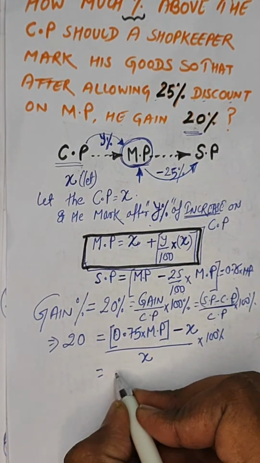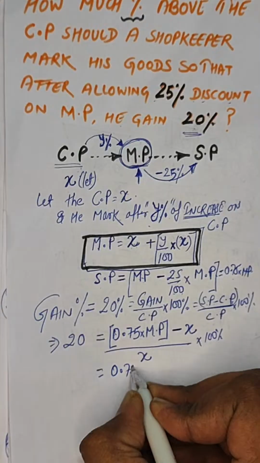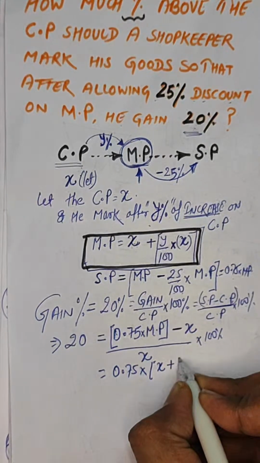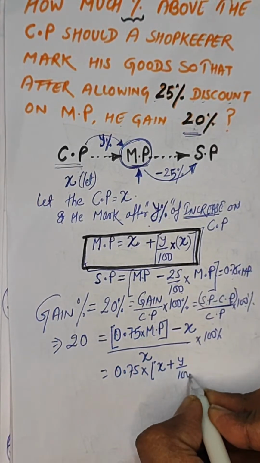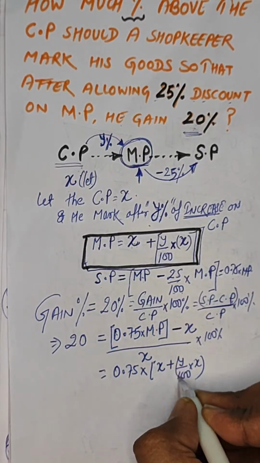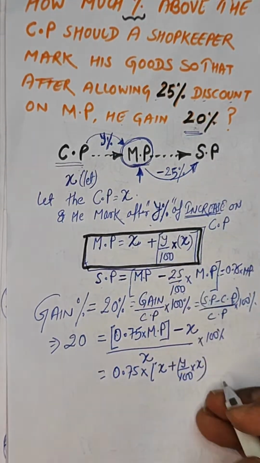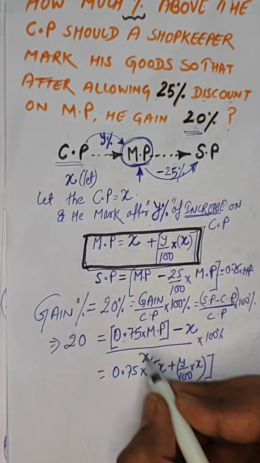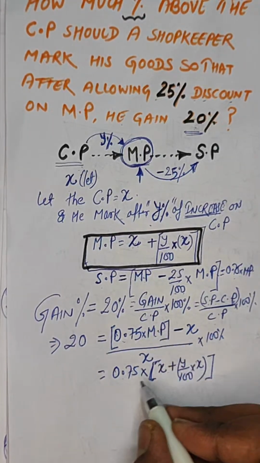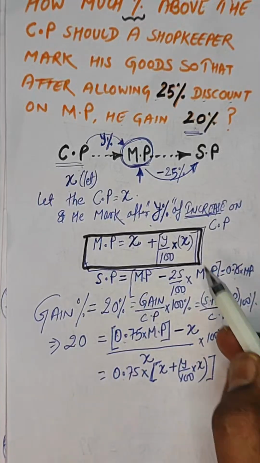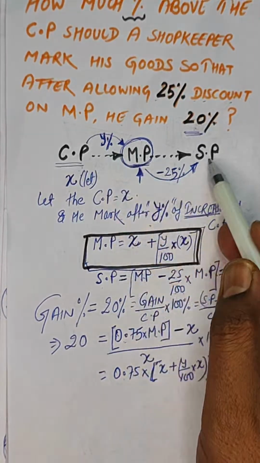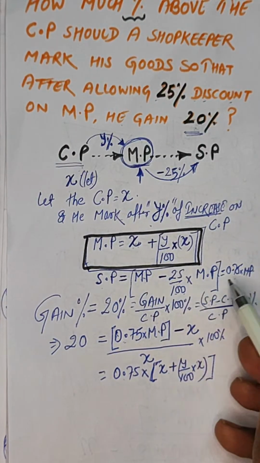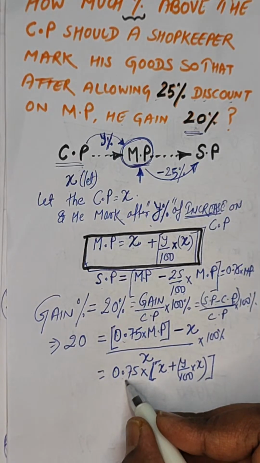So put up the value of mark price, that will be equal to 0.75 into, this is X plus Y by 100 into X. This will be 0.75 into mark price. This will be the value, because after giving a 25% discount, MP minus 25 by 100 will become 0.75. So that I have mentioned, right?